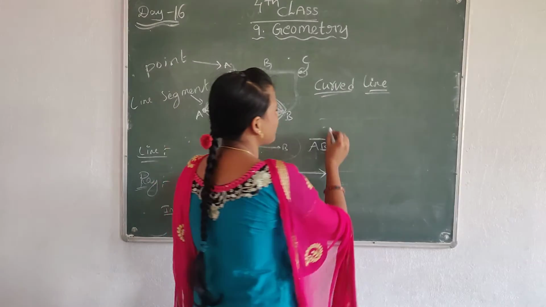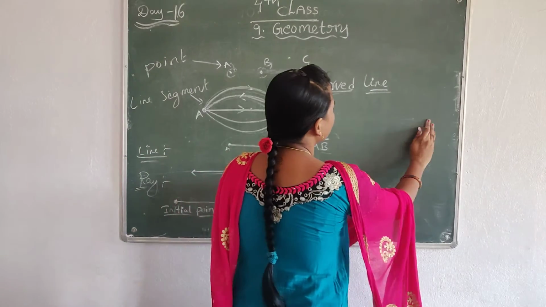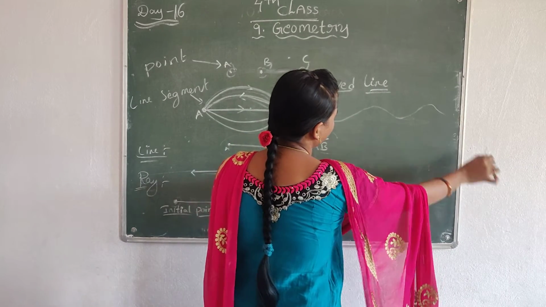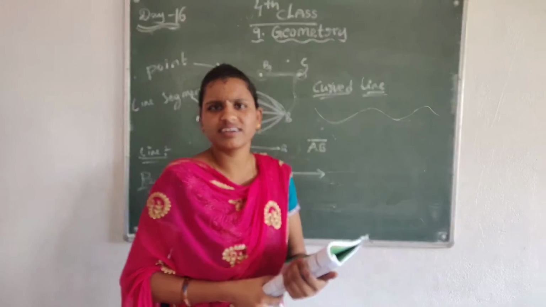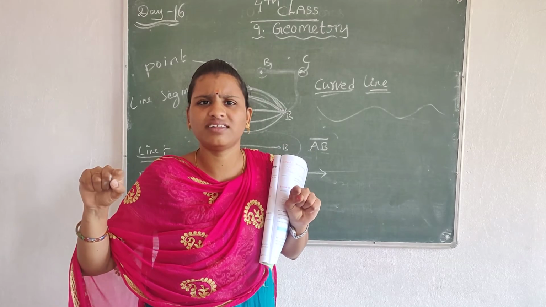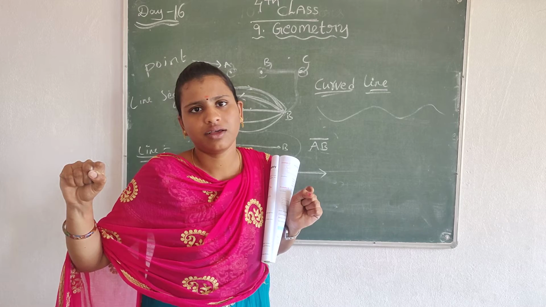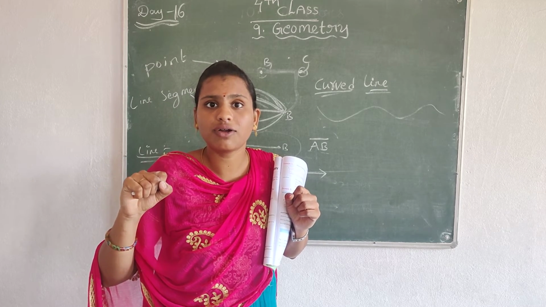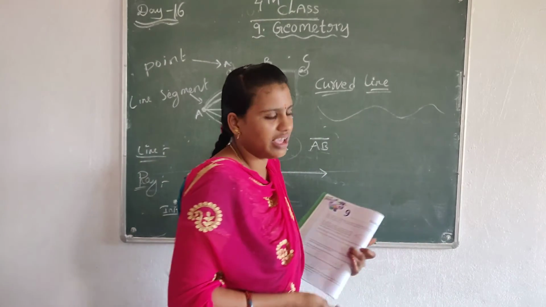If you use the scale, you will get a straight line. So we can't draw curved lines with it. It looks like this. For example, if you take a thread and hold it tightly with your hands, you will get a straight line. If you hold it loosely, you will get a curved line.